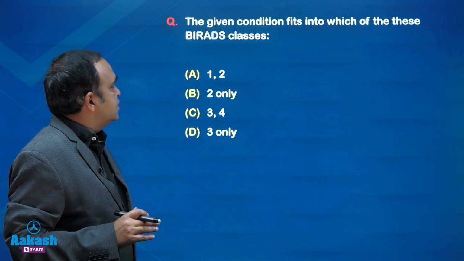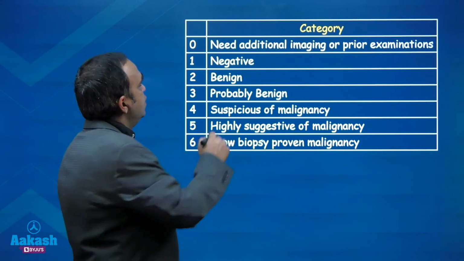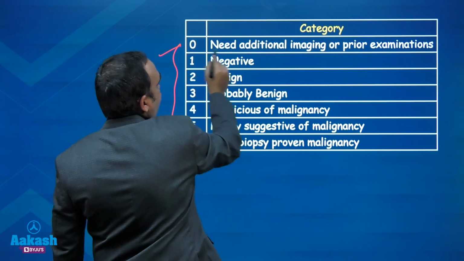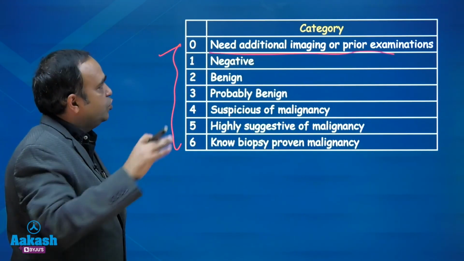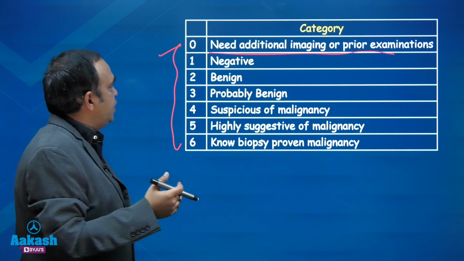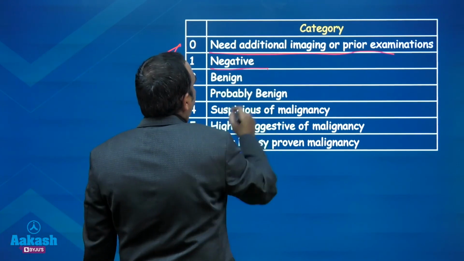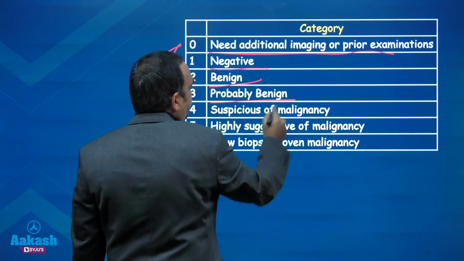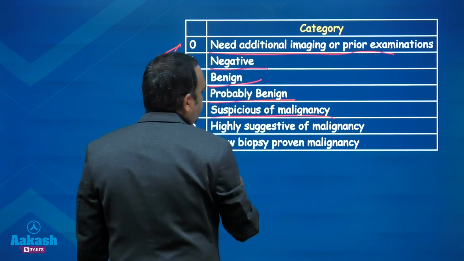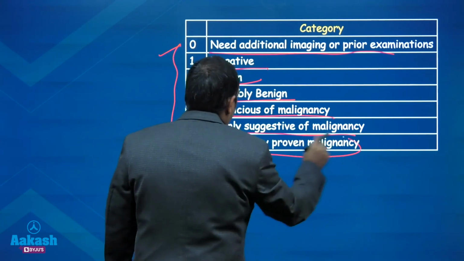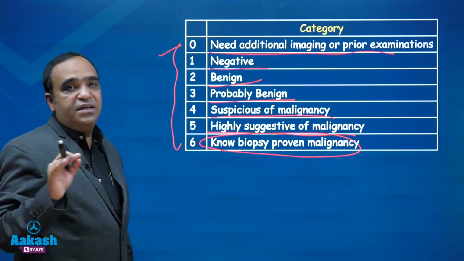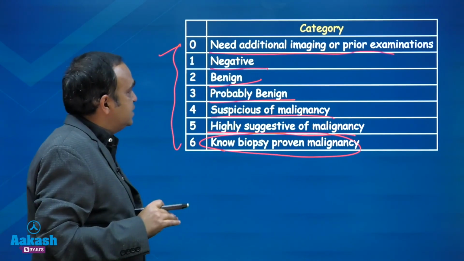So what are the classes, right? 0 to 6. 0 is indeterminate, that means it's incomplete, so we need to do additional imaging. 1 is negative, 2 is benign, 3 is probably benign, 4 is suspicious of malignancy, 5 is highly suggestive of malignancy, and 6 is biopsy proven malignancy.